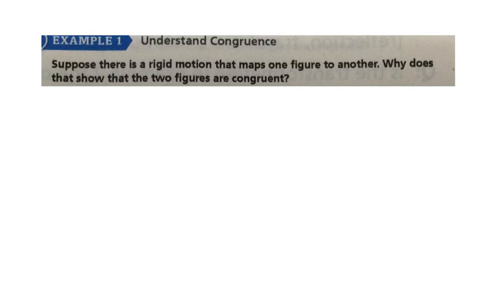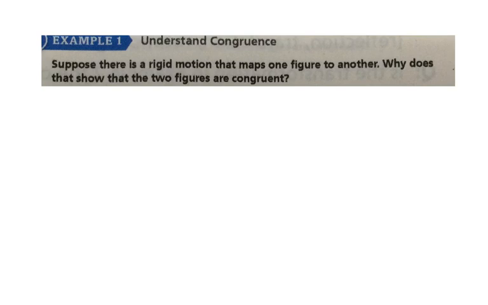And so if I can take a figure and use only rigid motion to map it onto another figure, then that means our two figures must be congruent, which means they are equal, because I can map it onto its original.